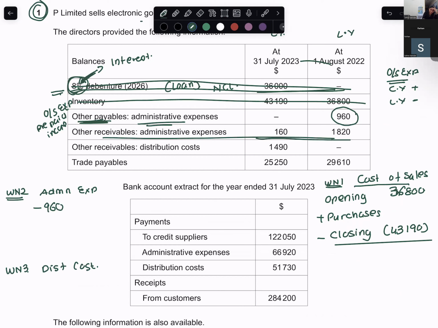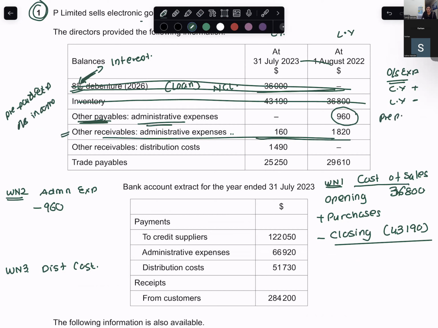Other receivables is for administrative expense. Other receivables is prepaid expenses, and outstanding income. So this is prepaid expenses.